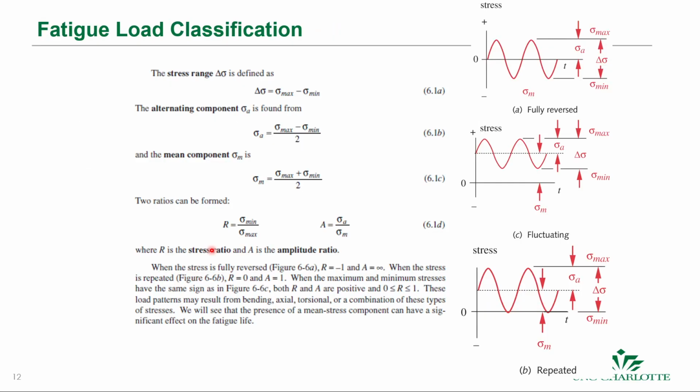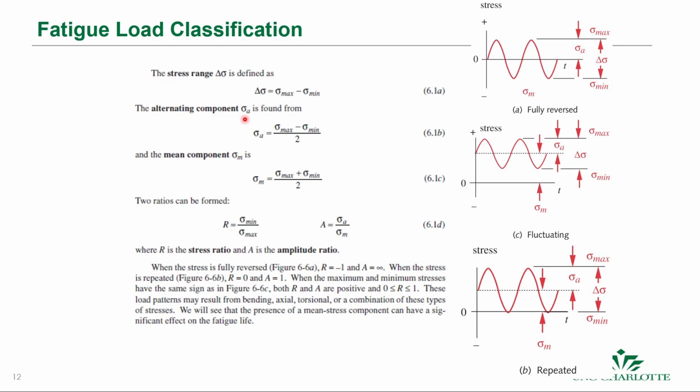Now, we've already said that we have fully reversed, fluctuating, and repeated stresses, and we have some symbols that we use to describe those. The stress range is the difference between the max and min stresses.